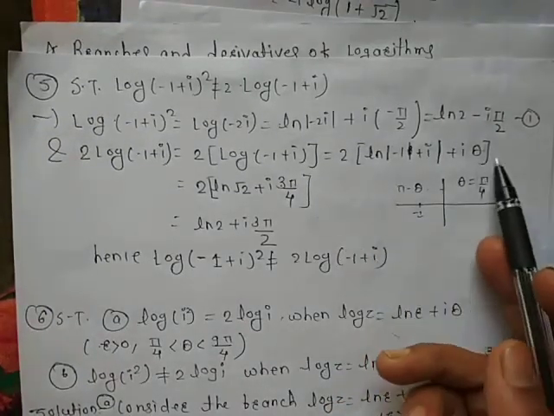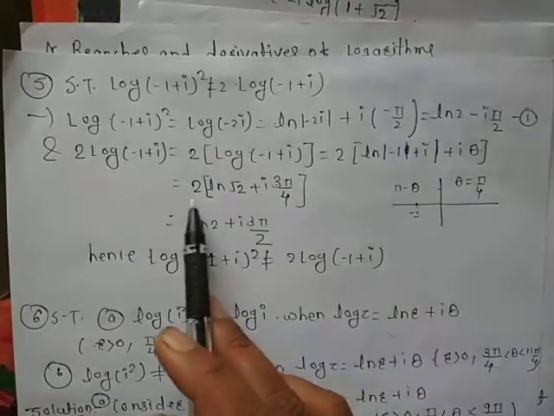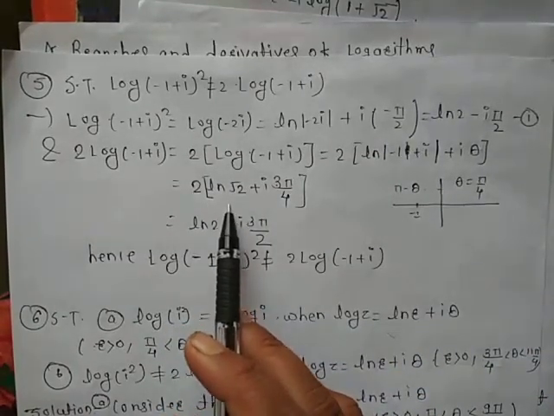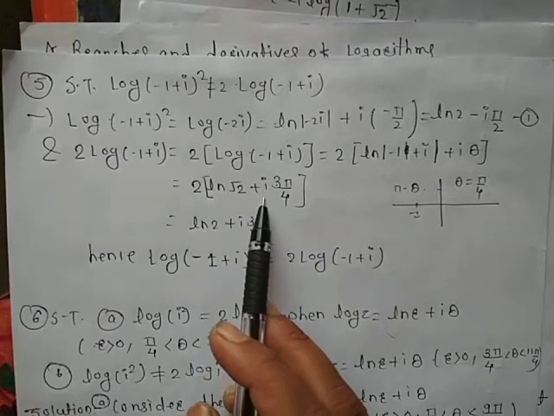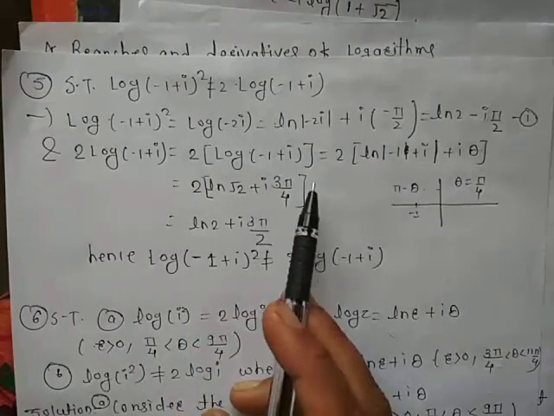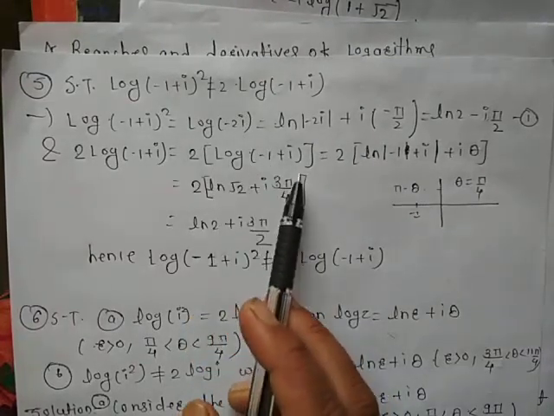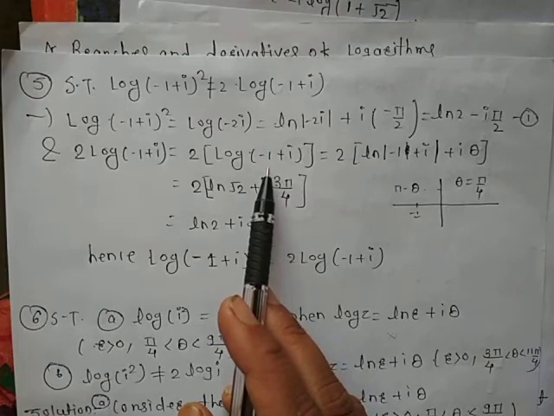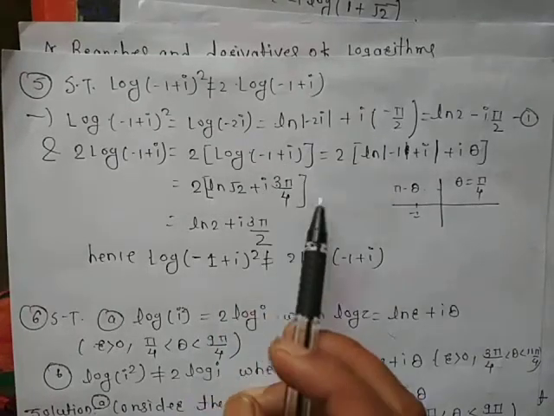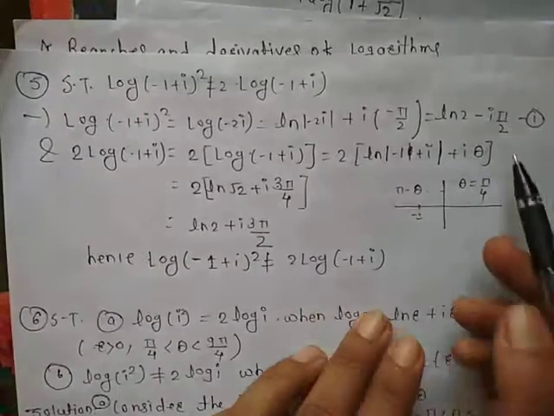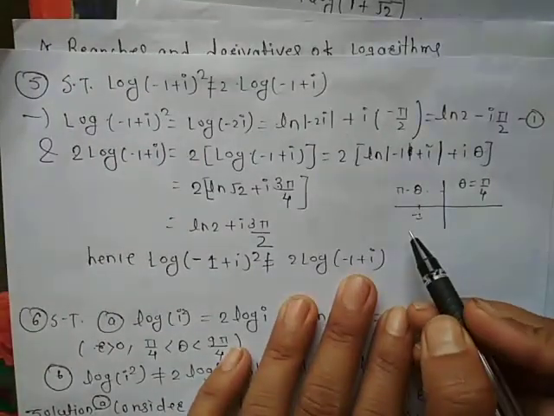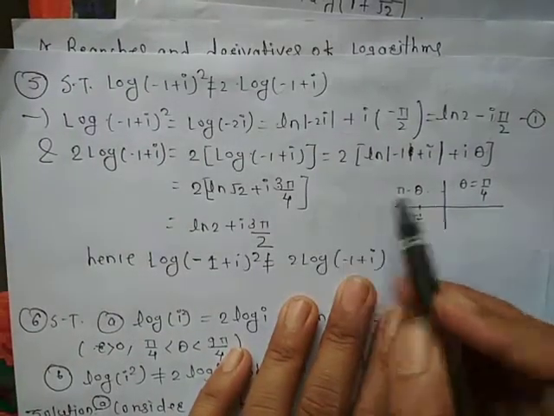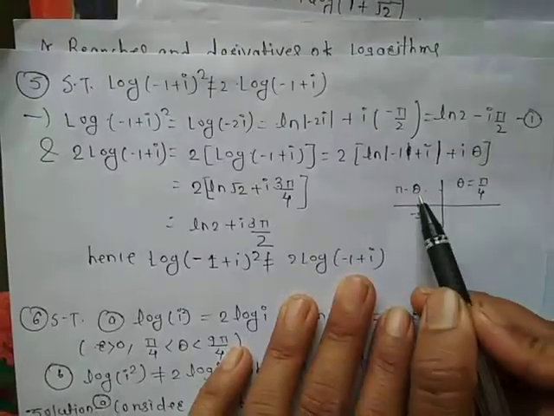Actually here theta is a principal value, which is equal to 2 into ln of under root of 2 plus i into tan inverse of... Here the value of theta: your point lies in the second quadrant.